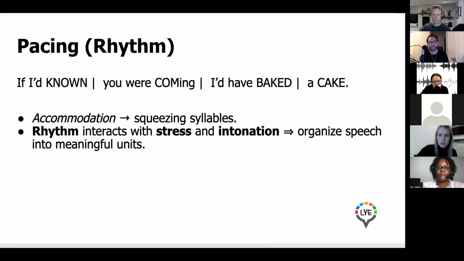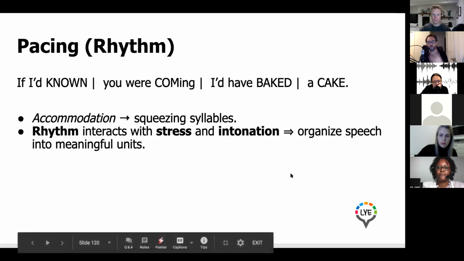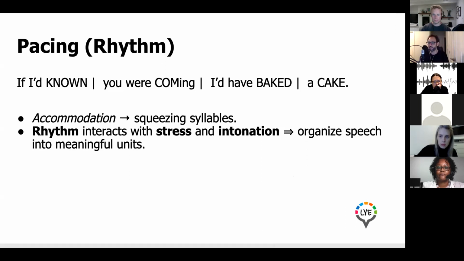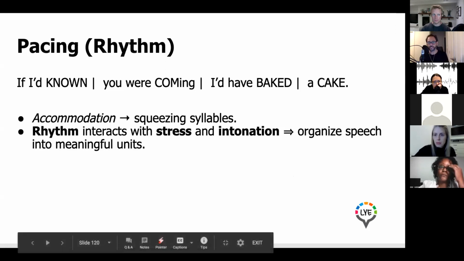We basically squeeze them, and rhythm interacts with stress and intonation so as to organize speech into meaningful units. So words and syllables are given prominence by rhythm, but they also tend to be the ones carrying the burden of meaning. So rhythm really helps listeners process a message easily.